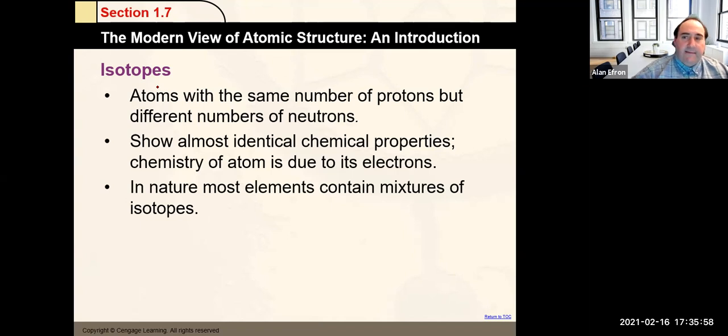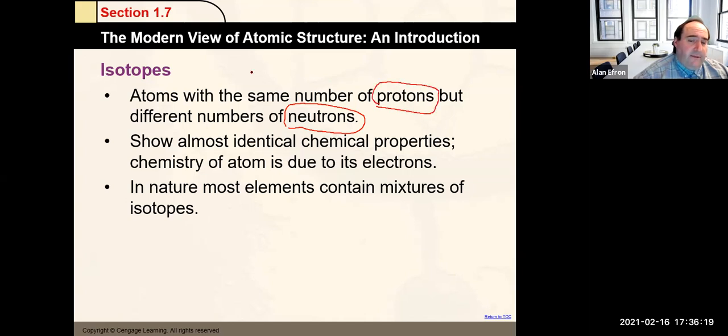What gives them different masses is that they have different numbers of neutrons. But they are still the same element, because they have the same number of protons, as we will see.